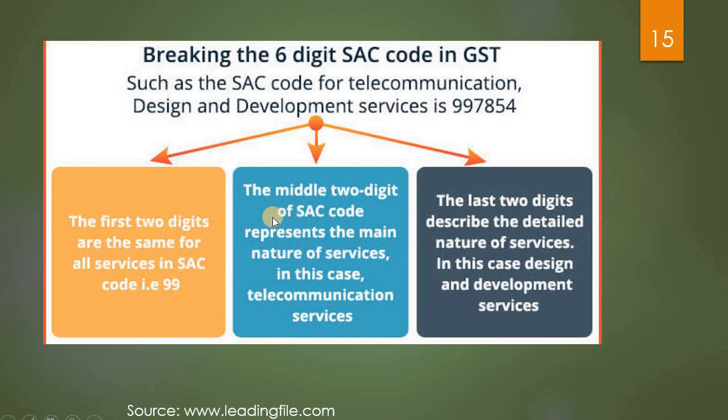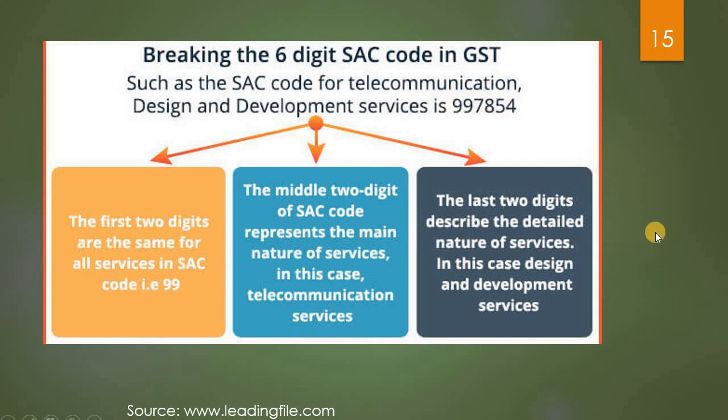The middle two digits, 78, represent the main nature of the service, in this case telecommunication service. Then the last two digits describe the detailed nature of the service, in this case design and development services. The code for design and development service is 54, 78 is telecommunication service and 99 is service.